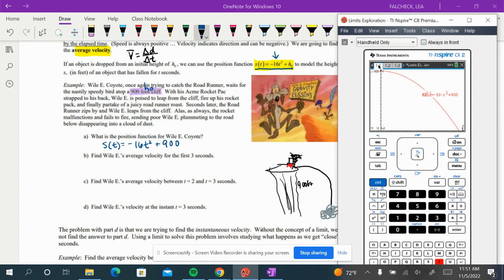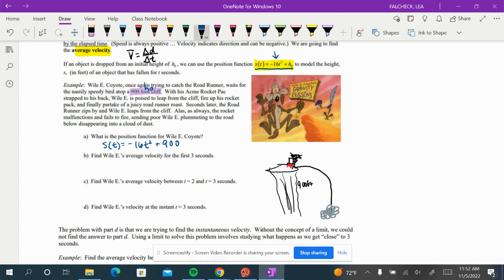Great. So part B says find Wile E's average velocity for the first 3 seconds. So when time starts to about 3 seconds in, so maybe like here, we want to find the average velocity. So we would be finding basically the slope between 0, s of 0, and 3, s of 3.